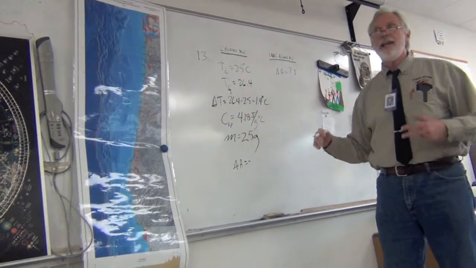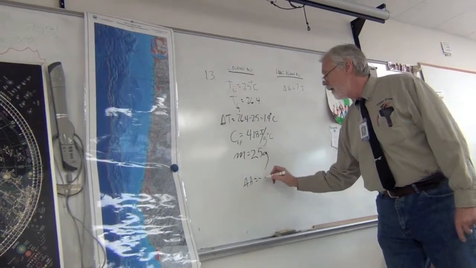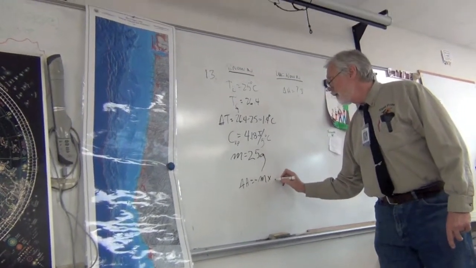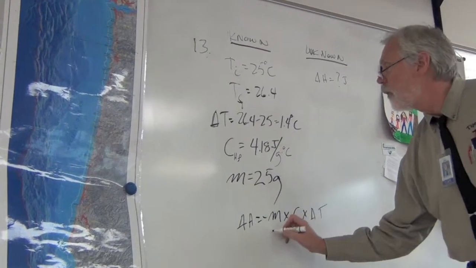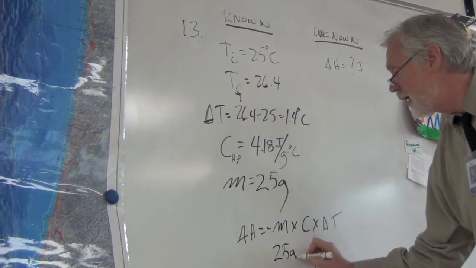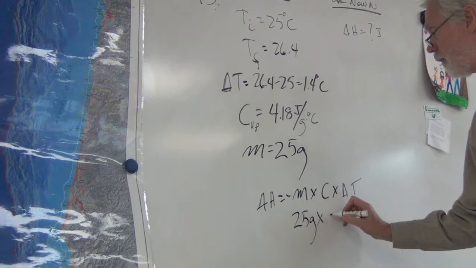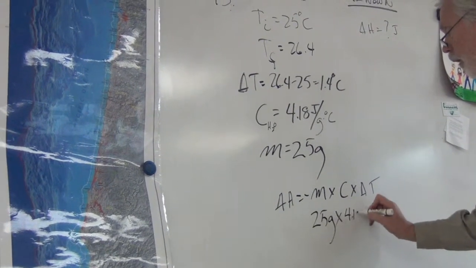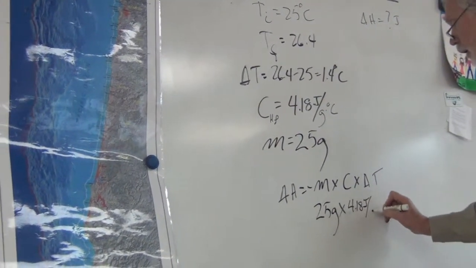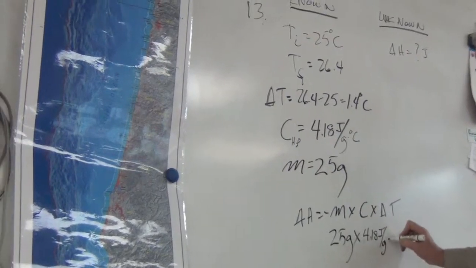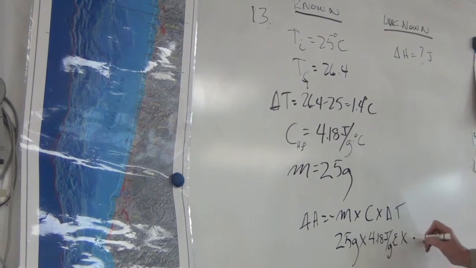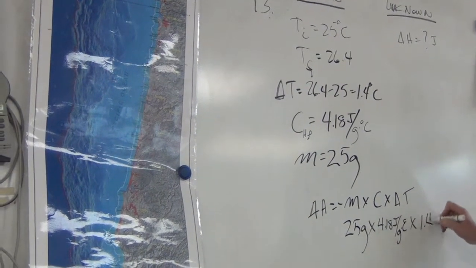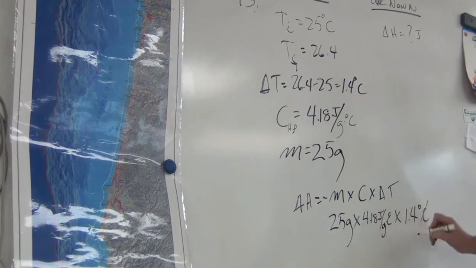It's cranking heat out to the surroundings. Minus M, C, delta T. And we got all those, right? 25 grams times 4.18 joules per gram degrees Celsius times 1.4 degrees Celsius.